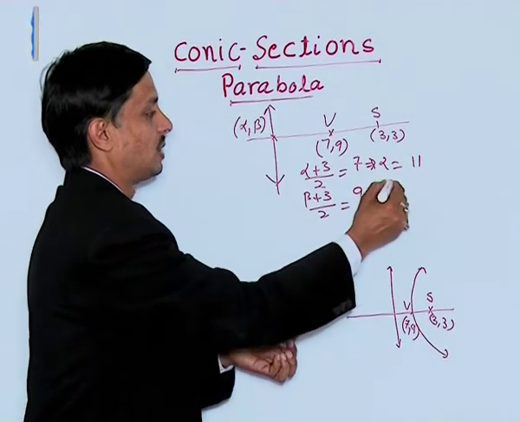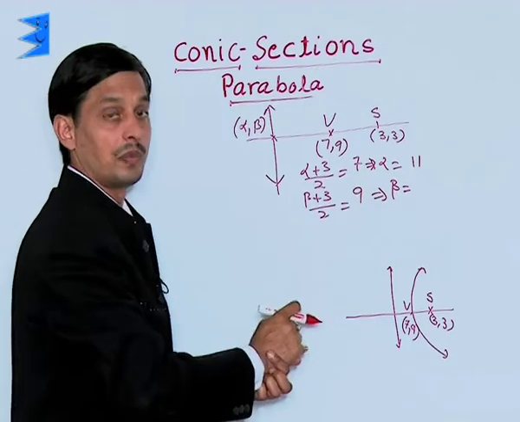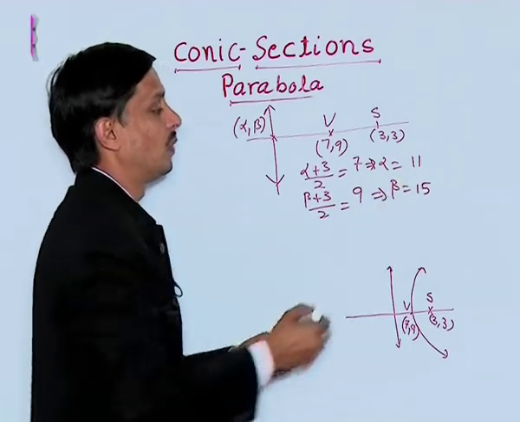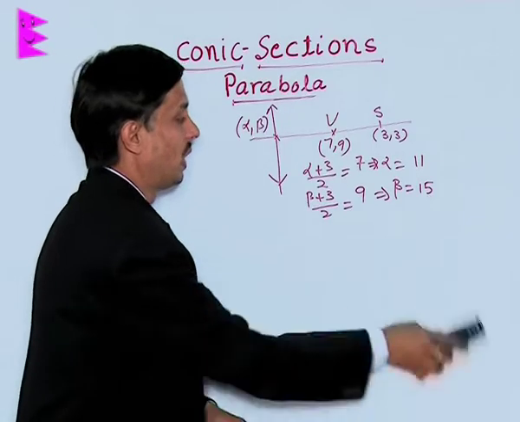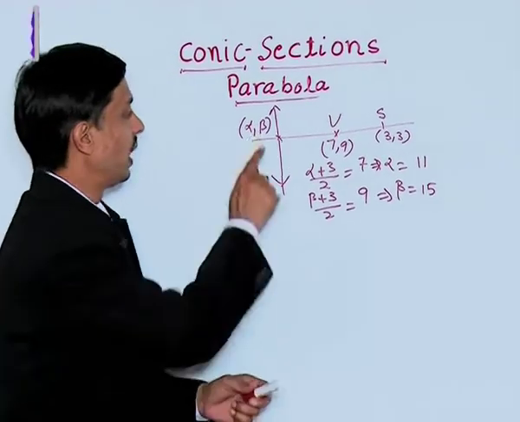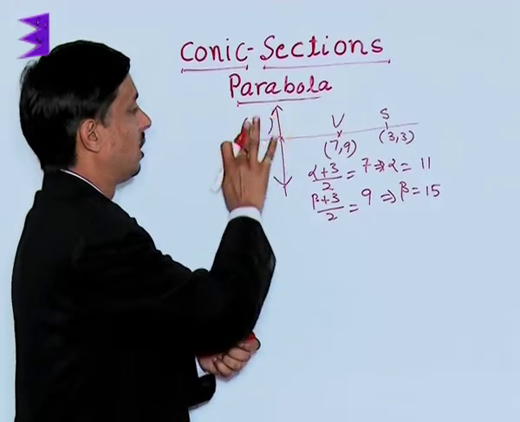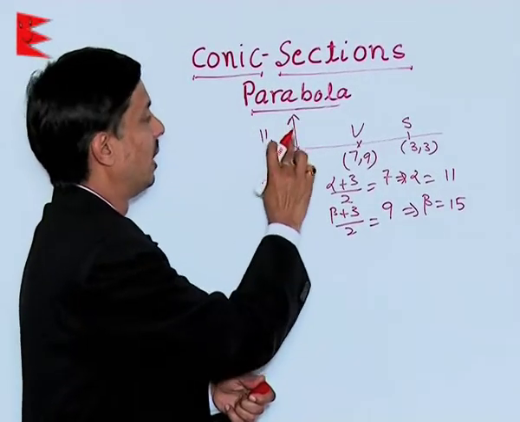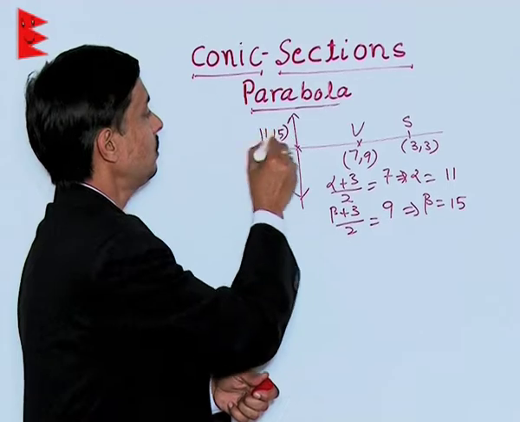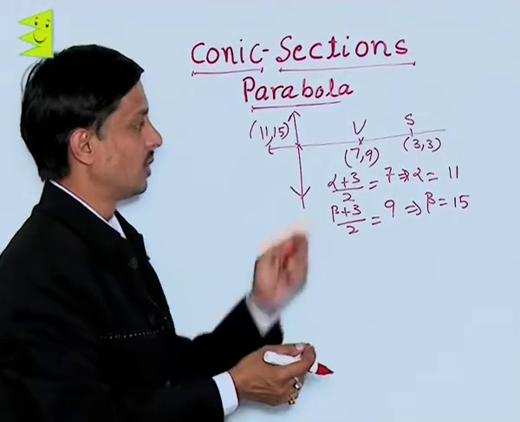So this implies beta will come out 18 minus 3, that is 15. So in this way we have obtained the coordinates of this location: alpha and beta come out 11, 15.